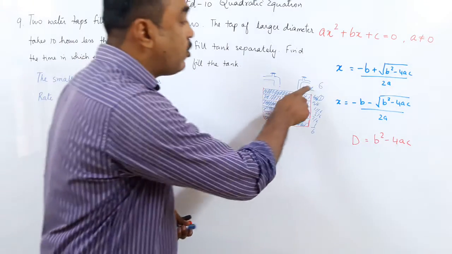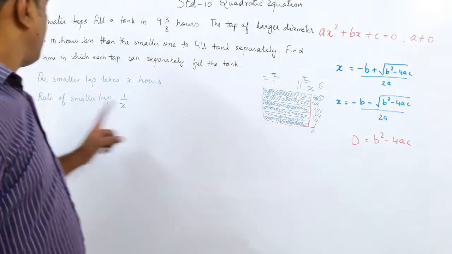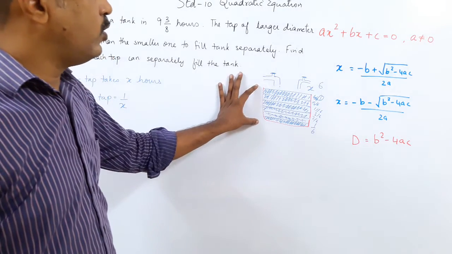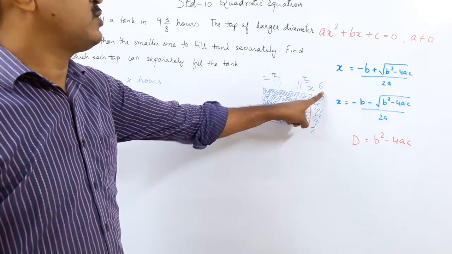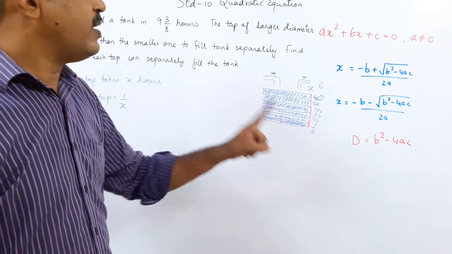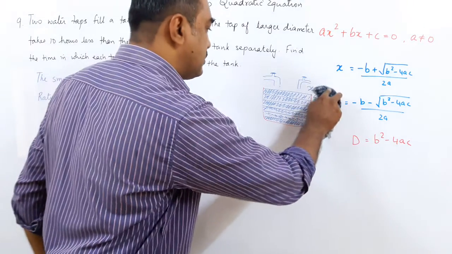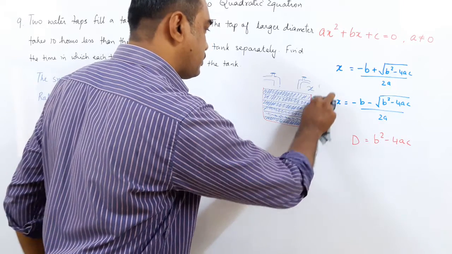So this is the rate of doing work. So what is the rate of the smaller tap? 1 by x. How big is the tank we don't know, but if it takes 6 hours to fill the whole tank, then in 1 hour it fills 1 by 6. But since we do not know this 6 hours, I have taken it as x hours.